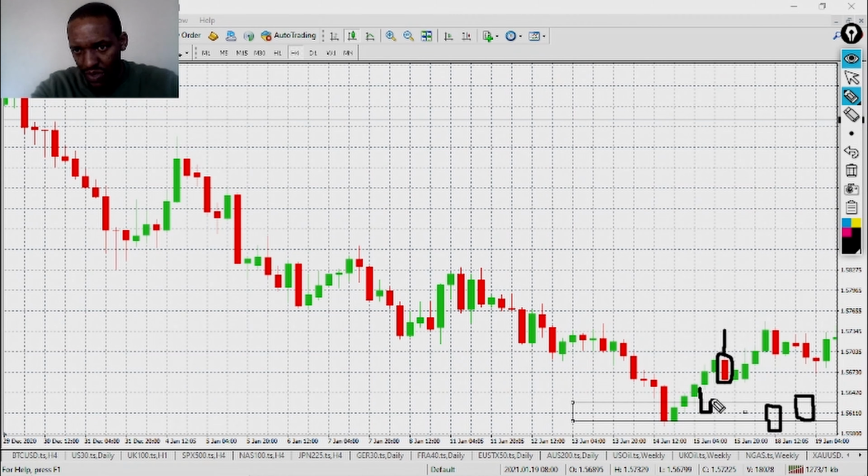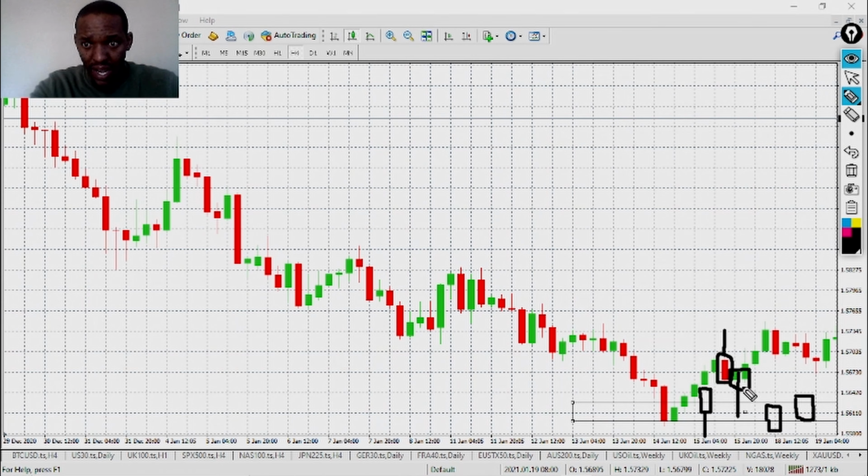Even if a wick breaks, it doesn't matter. Or it can even enter with a wick only, and the body closes up from the zone, our supply and demand zone right here. So when it closes above the zone, that's your entry.